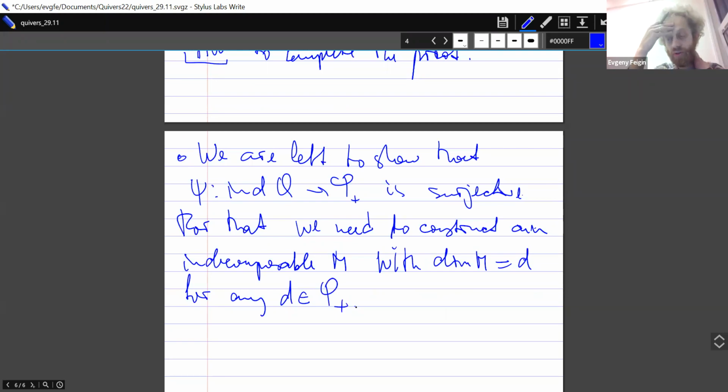Okay, so given a root, we have to show that there exists an indecomposable representation whose dimension is exactly this D.